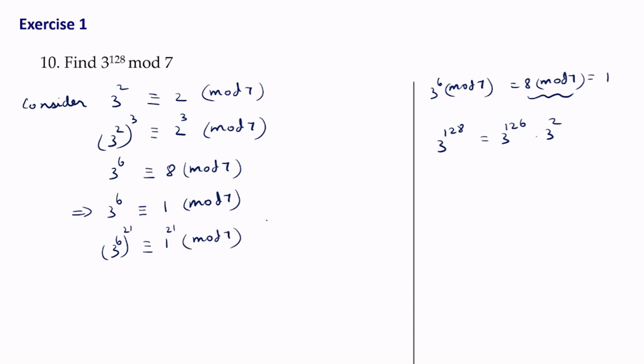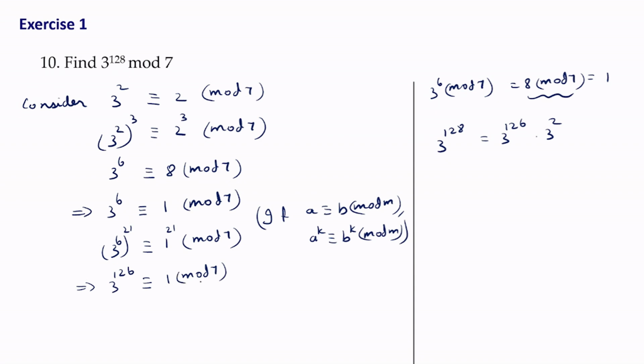This is using the property: if A is congruent to B mod M, then A raised to K is congruent to B raised to K mod M. So from this we get 3 raised to 126 congruent to 1 mod 7.